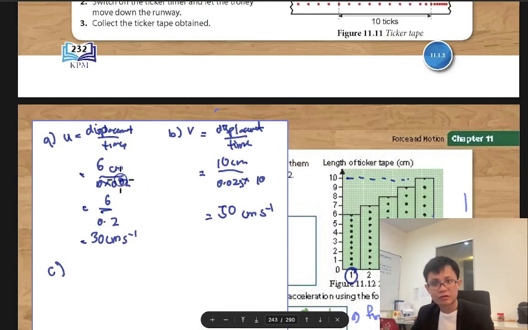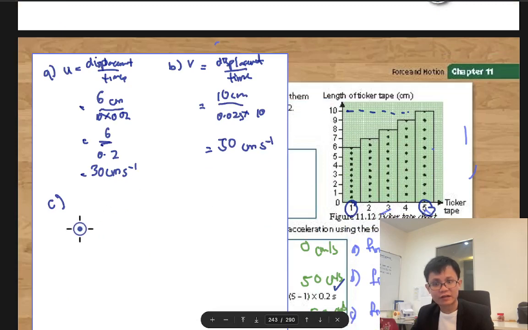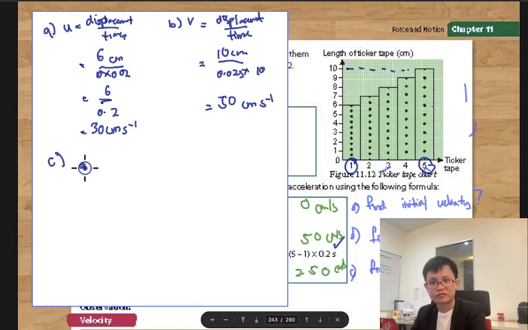Okay, so after that, for the C, we have the acceleration. A equals V minus U over T. So you got 50 minus 30 divided by the total time.